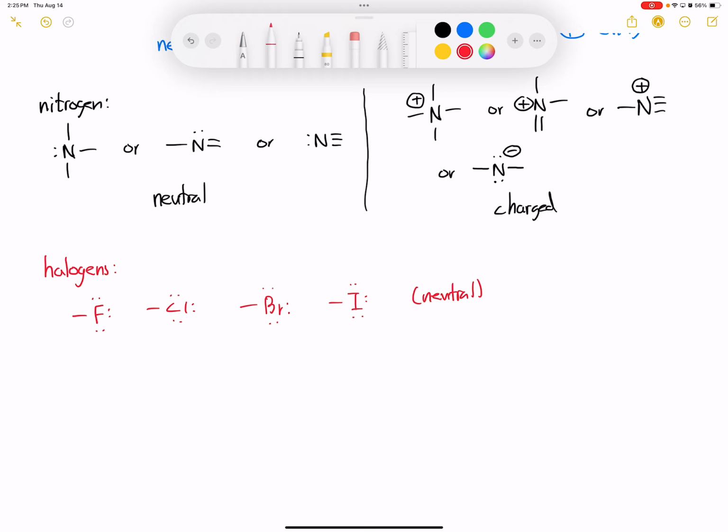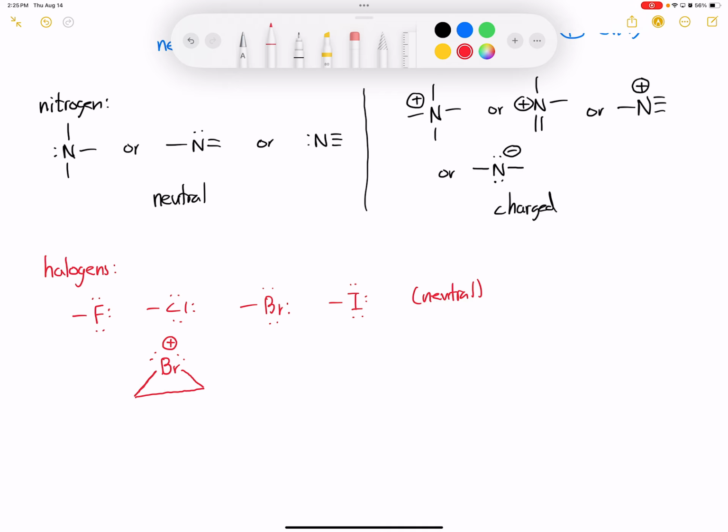But of these halogens, they can also participate in 2 bonds. But the most common one that does this is bromine. So you will see something like this. Bromine is forming a triangle like this. So this is one example where bromine, or the halogens in general, will be positively charged.